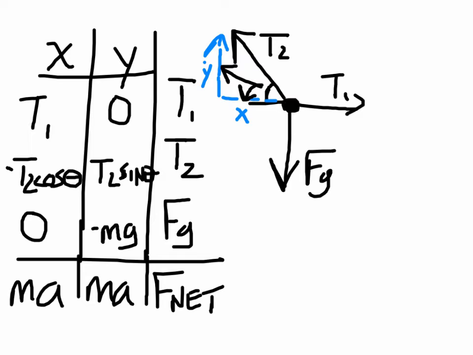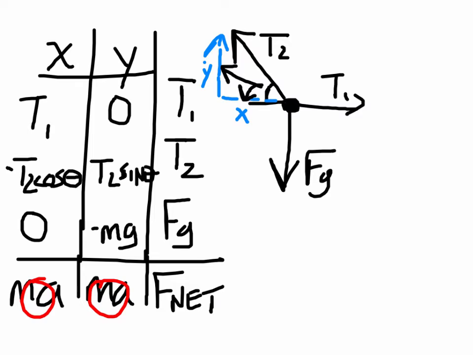In this scenario, the traffic light was sitting still. So the nice thing about that is, if it's sitting still, the two components down here for ma are going to sum to 0. There's going to be no acceleration in the X direction or the Y direction. So I can go and write equations for the X and Y directions here.